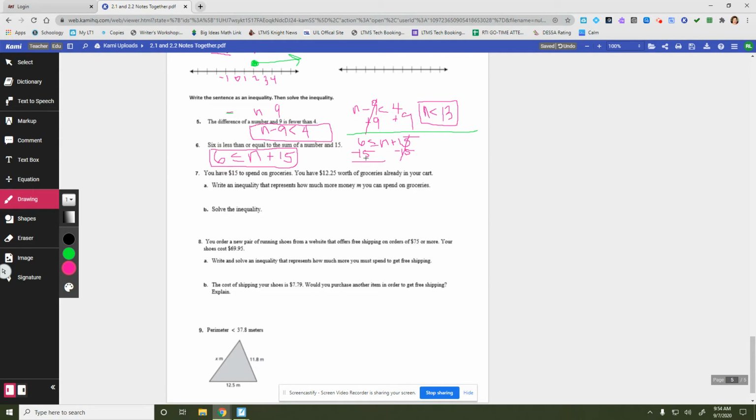So 6 and a negative 15, those signs are different, so I'm going to find the difference. That's going to be a negative 9. And that's still less than or equal to our n. We talked about not leaving n on the right. So then I will just rotate this entire statement so that it looks like this. And that would be the solution to the inequality, any number that fits this description right here.